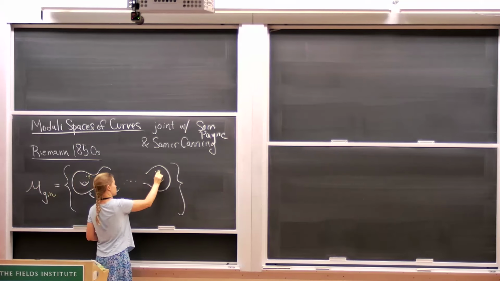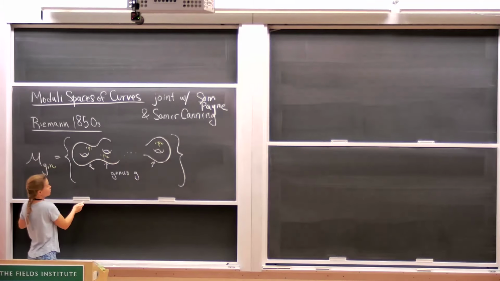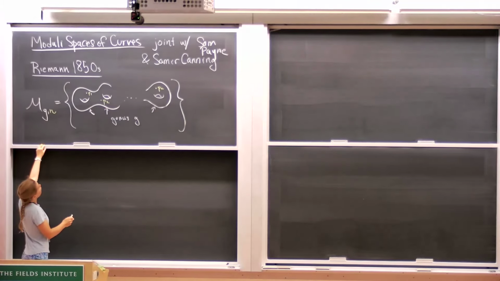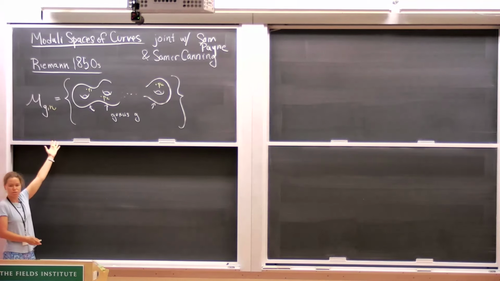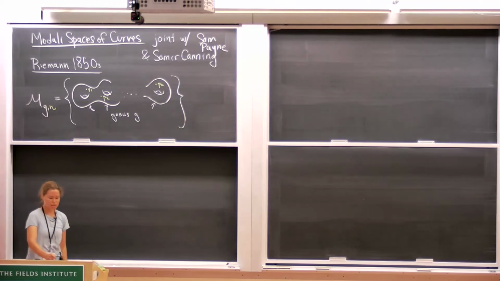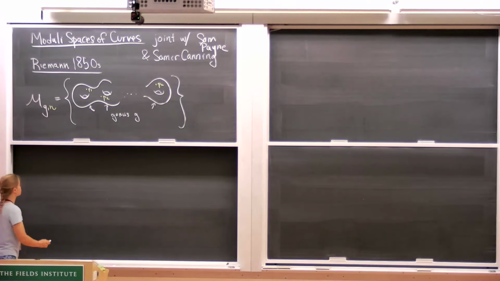Let's call them P_1 through P_n. So those are labeled and they have to be distinct. And the main goal of my talk is to understand the geometry of these spaces, M_{g,n}. So let's start off with a few examples.